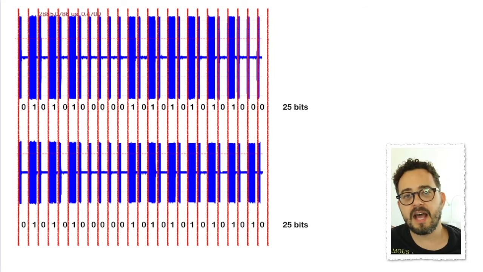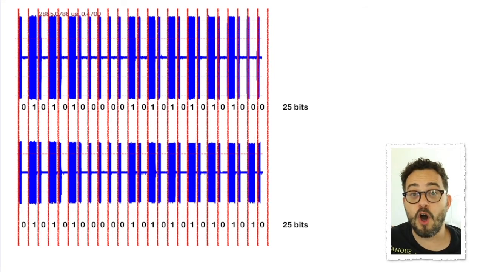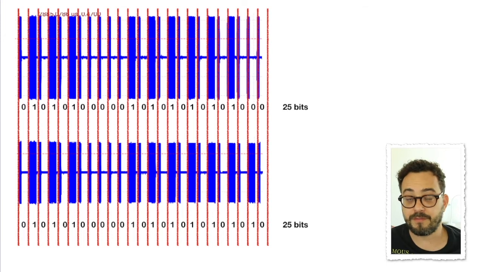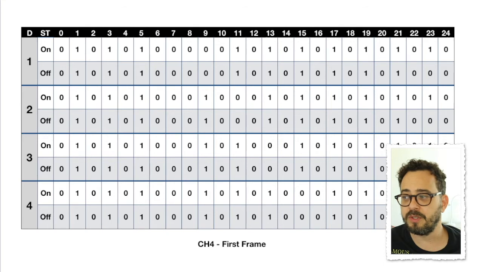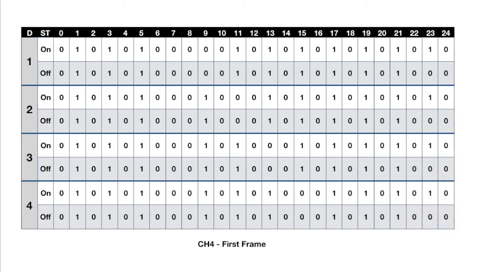With this, and then looking over all of the first frames for the remote control, I assembled this table right here that allows us to see what happens when we press either button on or off for devices, which is the column D here, 1, 2, 3, and 4. So the D column is the device number, 1, 2, 3, 4.